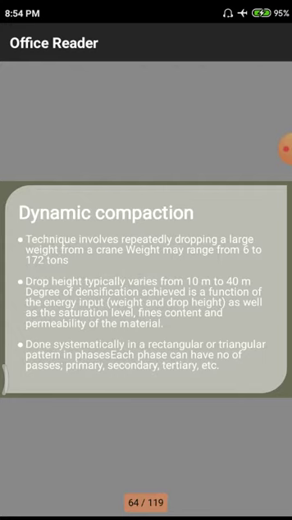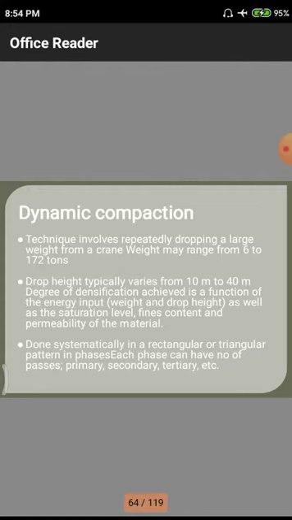Next, the fines content in the material definitely decreases, and the permeability of the material decreases due to the increase in density by dropping the weight on the land.